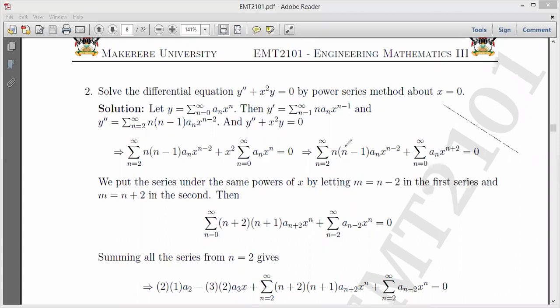So our number 2 here is not really different. The only difference is a minor one: this is second order. The first example we did was first order. And of course, this is also about x equal to 0. Same story. We let y equal to that. This is by definition, but remember it is x minus x naught, and the whole thing to the power n.